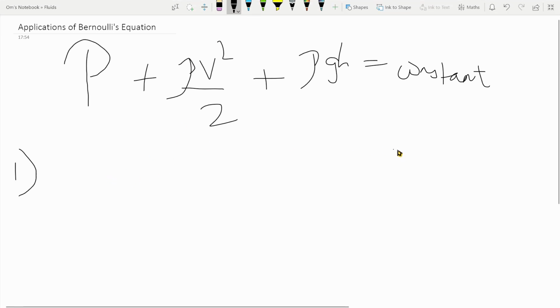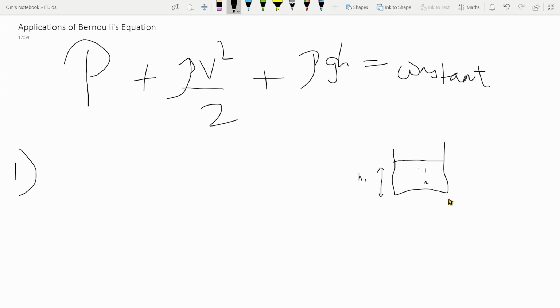So suppose I have a container over here and it's filled with a fluid, right? And I'm going to consider, say, this to be point 1 and this to be point 2. Let this height be h1, and I'll let this height be h2.